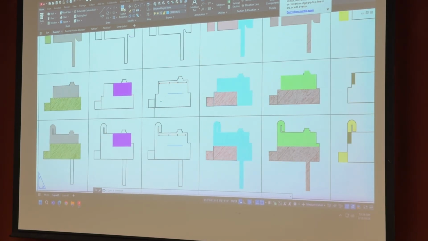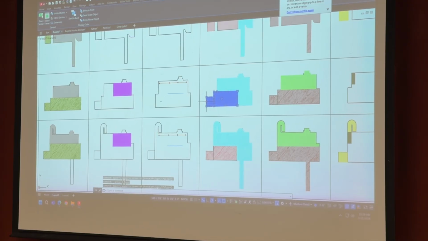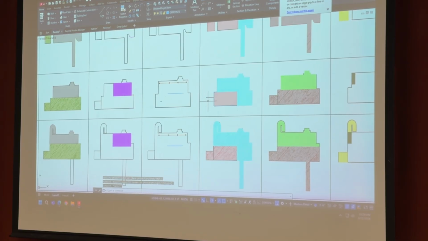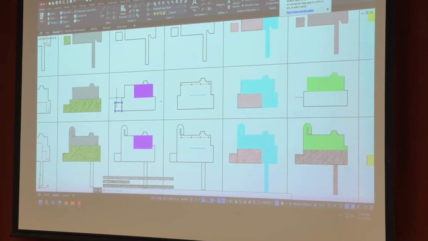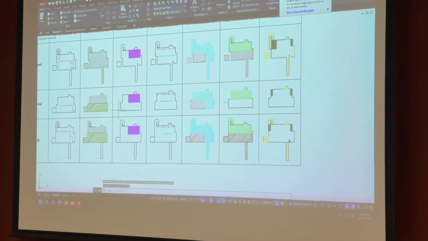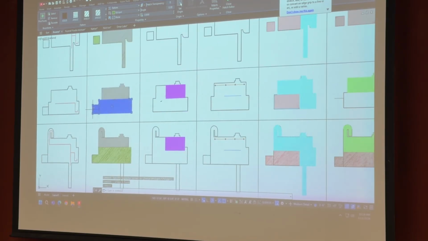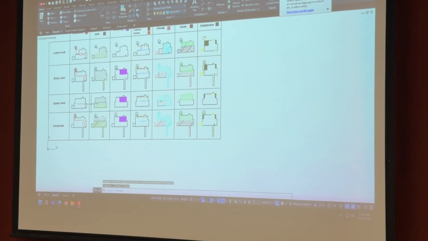And by the way, on this upper level, take out all these boxes. Oops. Yeah. Even here. Just fix those.